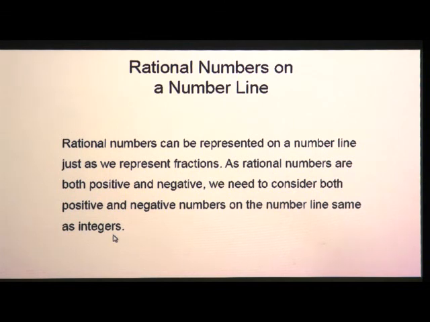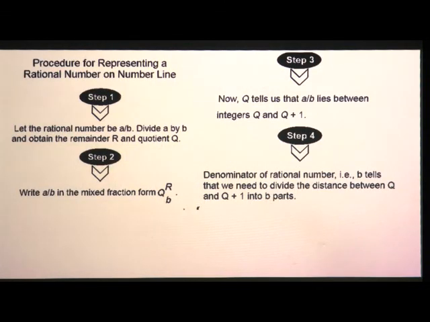Now, we will see the steps of how to find a rational number on a number line. The first procedure for representing a rational number on a number line is step 1: let the rational number be a upon b, divide a by b and obtain the remainder r and quotient q.